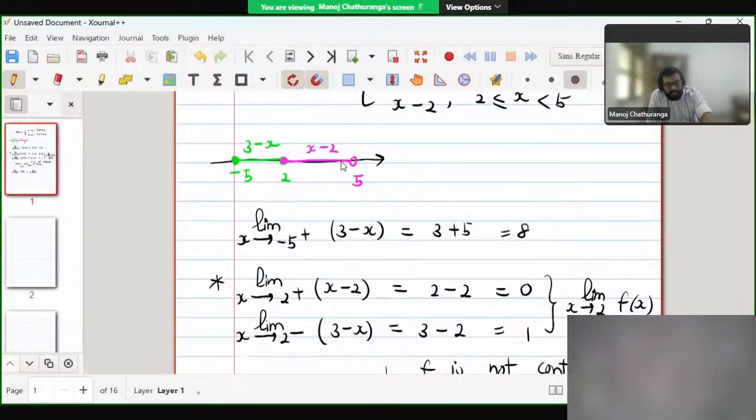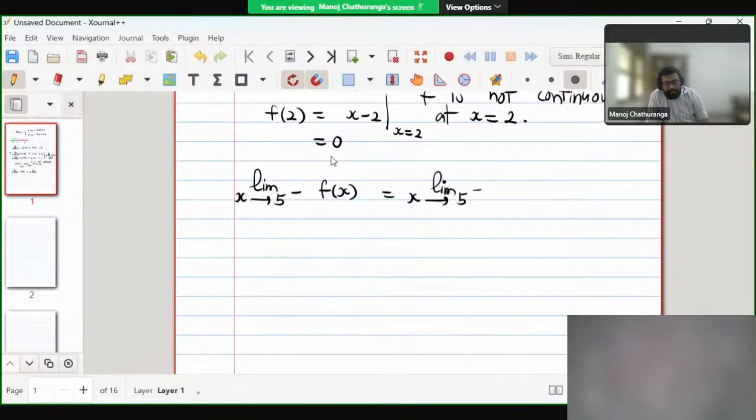And for that, we can use this purple color formula, x minus 2. So when you set x equal to 5 in this formula, 5 minus 2 is 3. So as you approach 5 from the left-hand side, you will get 3.